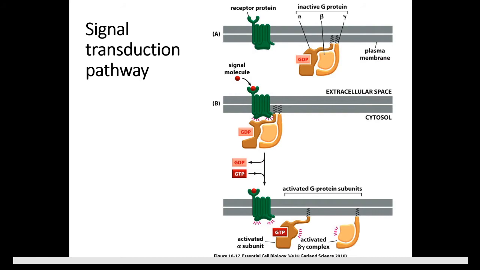Signal transduction pathway. In this signal transduction pathway, you can see the inactivated G protein-coupled receptor in the primary step. Primary step means the receptor is present alone on the cell surface. That is the green color, the receptor on the upper cell membrane.